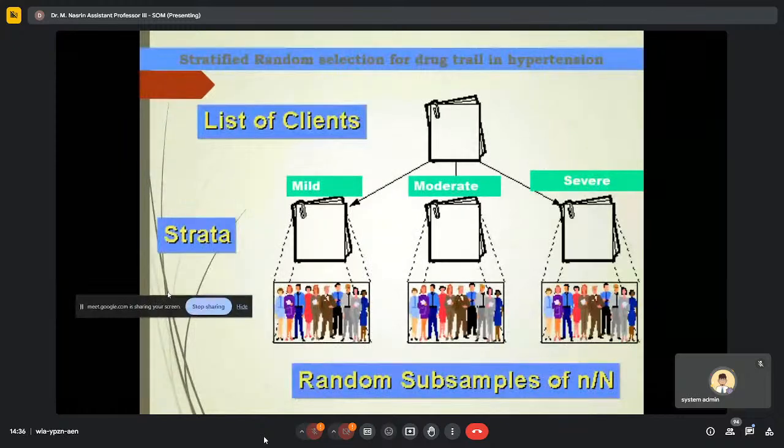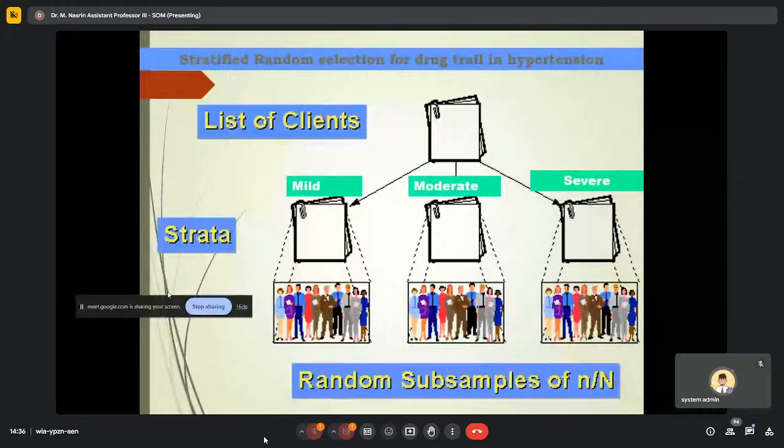So you can see how the strata have been formed here. Among the people working in a company, like patients, I have chosen mild, moderate, and severe. Suppose imagine in a hospital, the people who have hypertension, I have grouped them into three different categories: patients with mild hypertension, moderate hypertension, and severe hypertension.